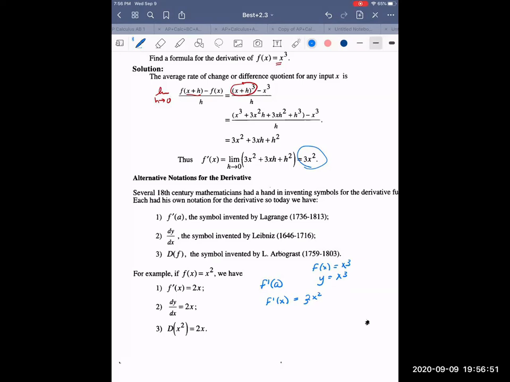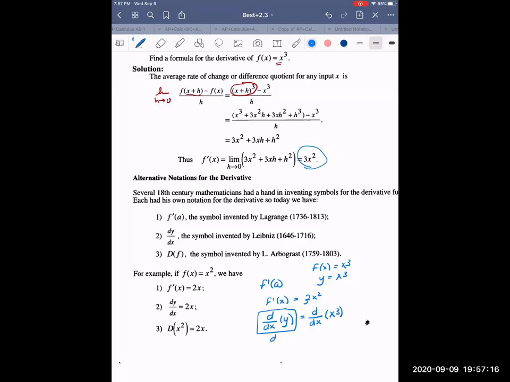If I'm using y, what I'm doing is saying the derivative with respect to x of the function y is equal to the derivative with respect to x of x cubed. So I'm just adding this d dx, which means in words the derivative with respect to x. Now, you see here on the left, think of it as multiplying y over 1 by d dx.